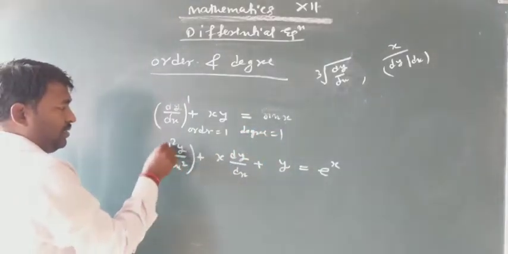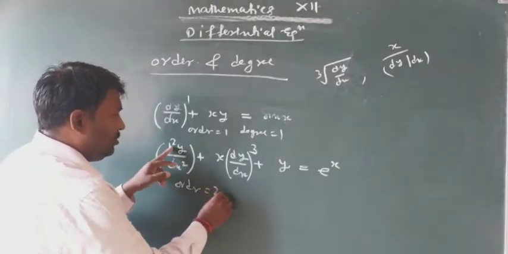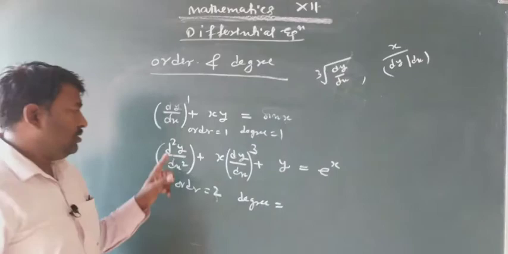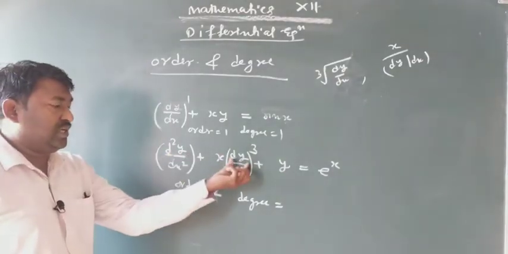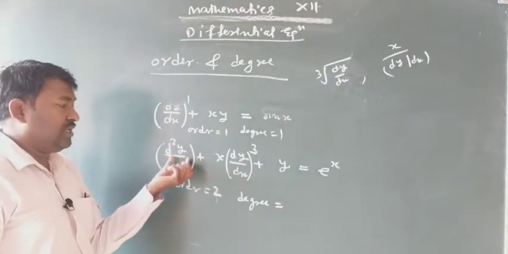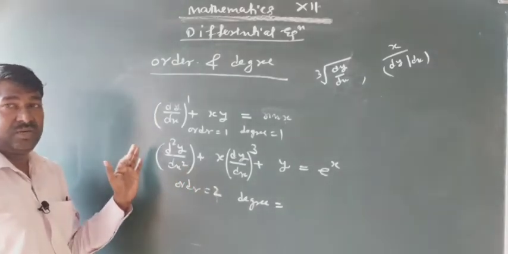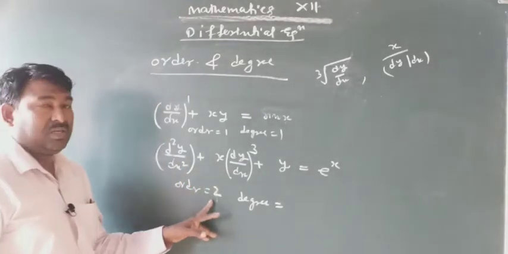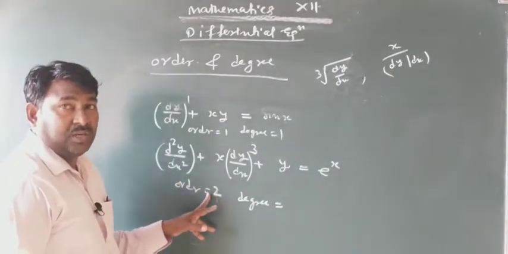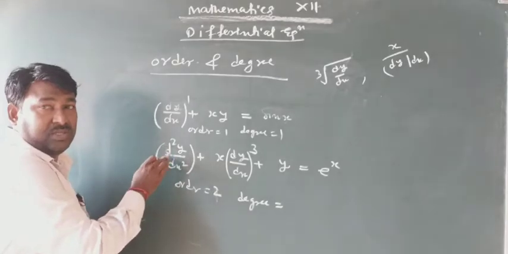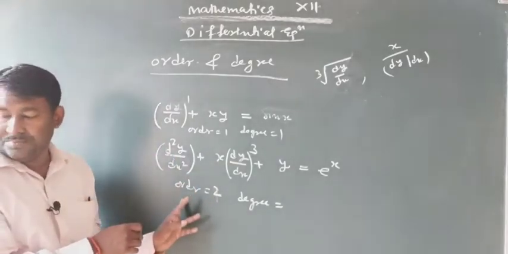Okay. And here its order is 2. But degree is equal to what? Since here the first order derivative and the second order derivative are both present, the highest order derivative present decides the order of that differential equation. Here the second order derivative is present, that's why its order is 2. Right.